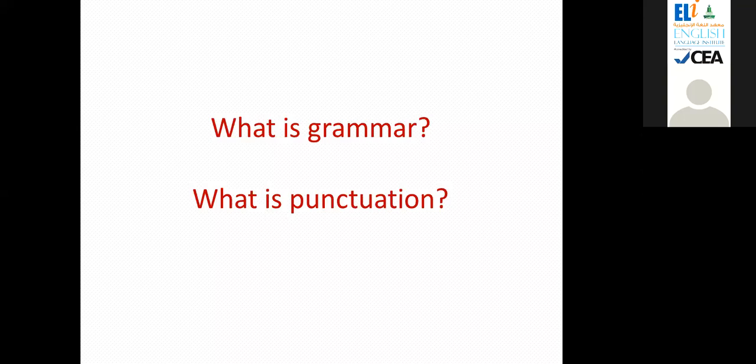Okay, what is punctuation? When I say punctuation, symbols, marks. So interesting. It is using periods, commas, question marks. Okay, let's see the definition by Cambridge Dictionary.